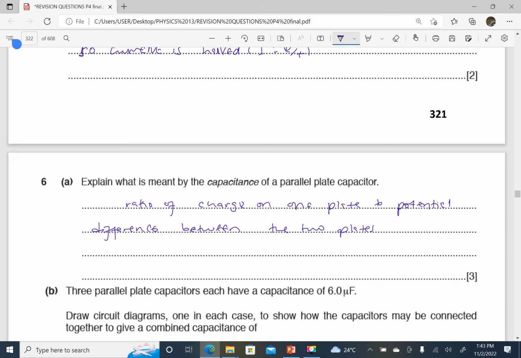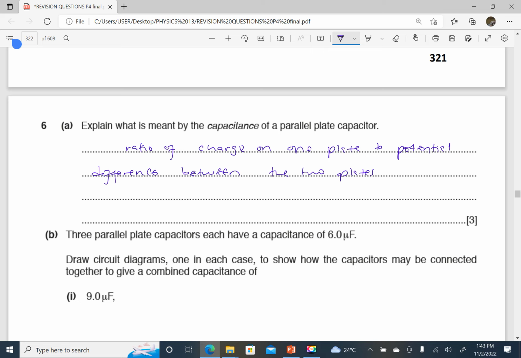The ratio of the charge on one plate to the potential difference between the two plates, that is the capacitance.